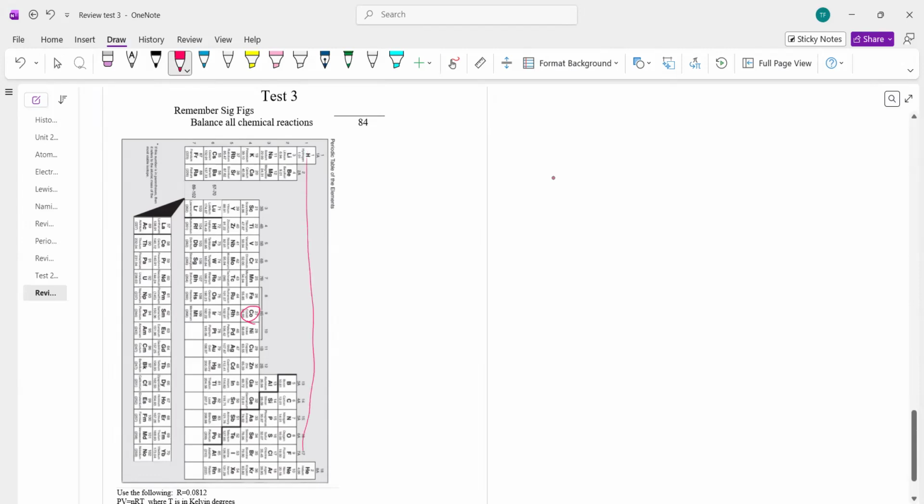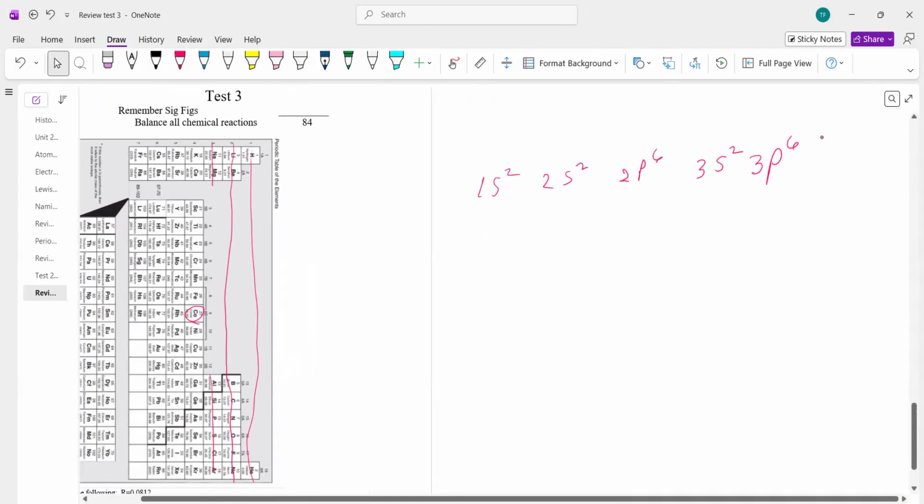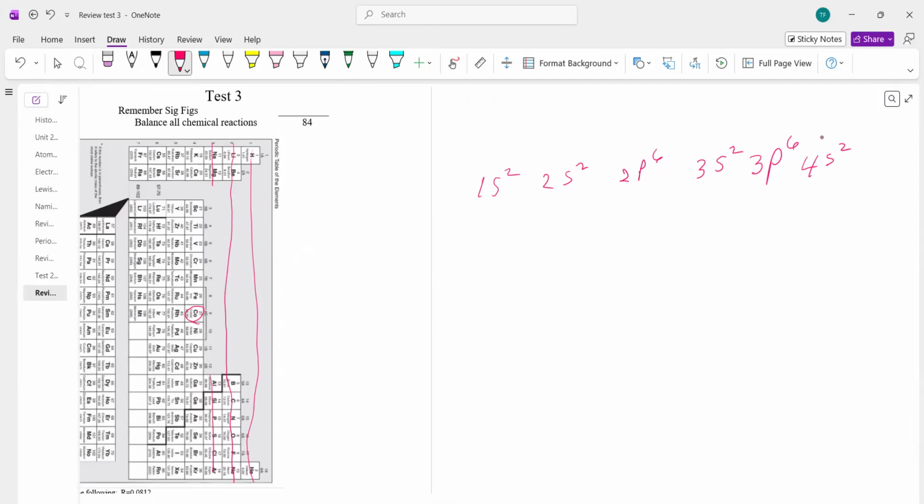We're going to go 1s2, 2s2, 2p6, 3s2, oops, or S2, and then we're going to go 3D7. So that's the electronic configuration.